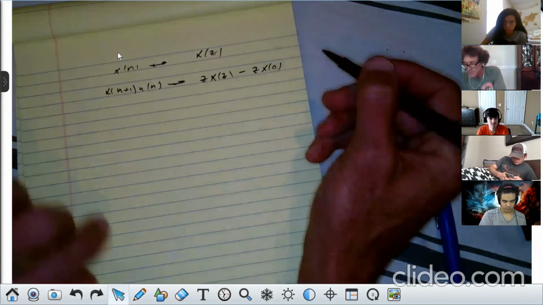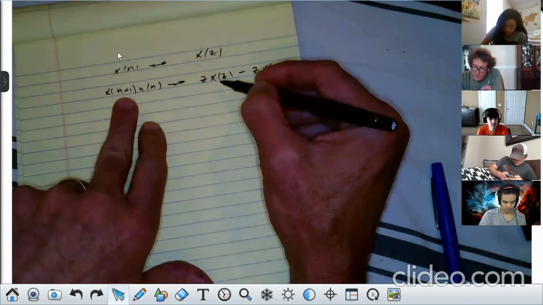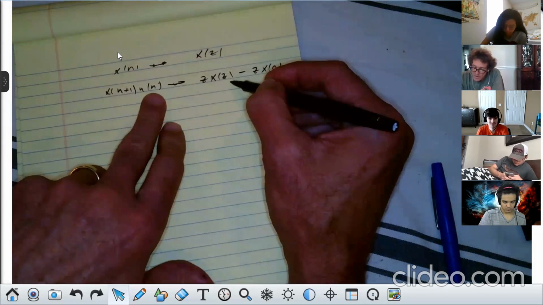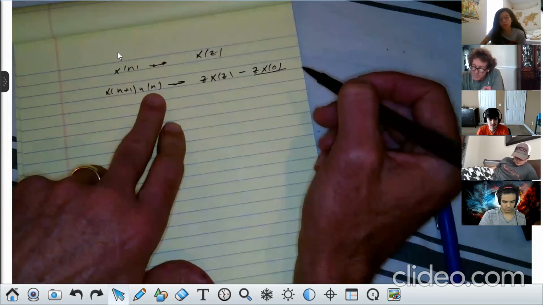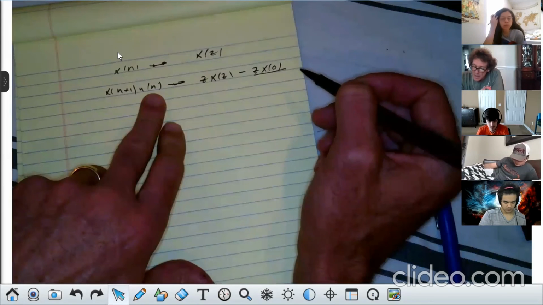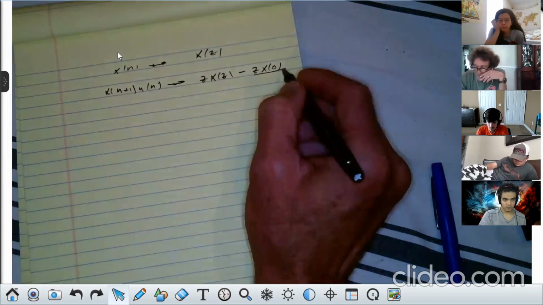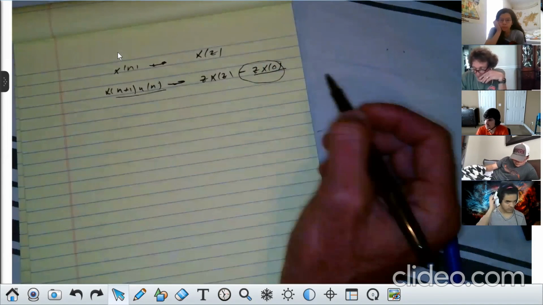Now remember before, if it was x of n minus 1 u of n minus 1, it would just simply be X of z over z. This is a form of an initial condition. And that's what you have to be aware of. So you would have to take this into account over here.